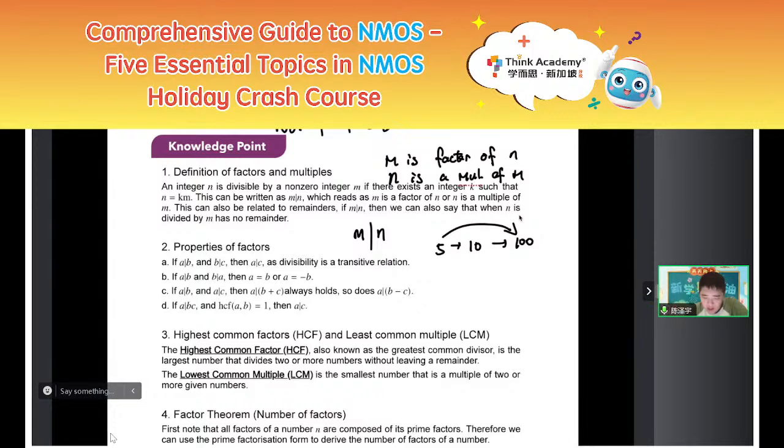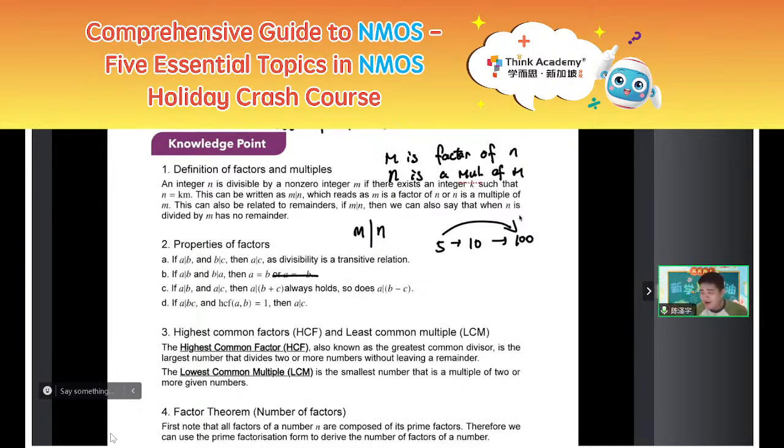Also we can say that if a is a factor of b, and b is a factor of a, then they are the same, or they are opposite numbers. Since you haven't learned negative numbers, just ignore this.